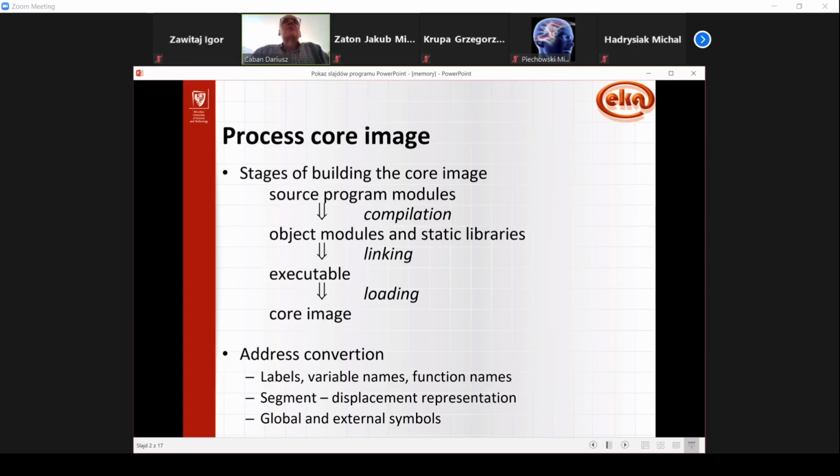But the second, more interesting thing is that the global and external references are compared. So for each external reference, we look in all the global symbols if it is defined. If you find a position where it is defined, then in the global table you have the address.